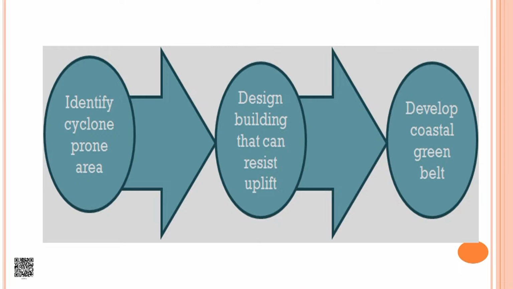Once the overall strategy is identified, comprising protection, accommodation, retreat or a combination thereof, specific measures are applied to handle the hazards. So, first identify cyclone prone areas, design buildings that can resist uplift and develop a green coastal belt.